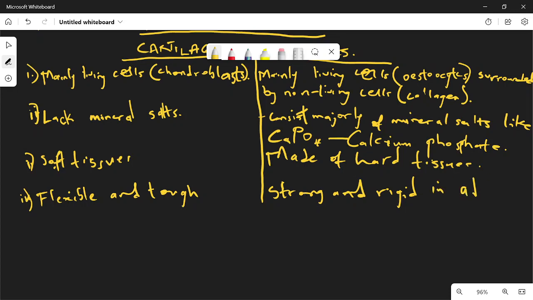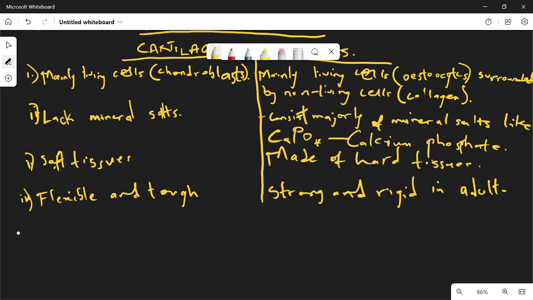Please, you have to be specific here. They are strong and rigid in adults. Remember that I said that when the baby is born, the bones are not yet fully formed. They are going to be gradually strengthened from the cartilages. It is the cartilages that are being ossified to what we now have as the bones.